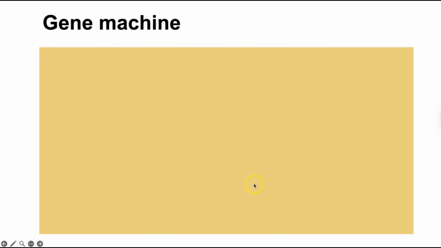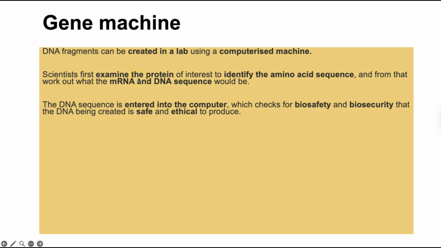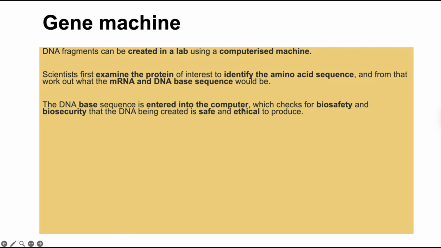A gene machine, this is when the DNA fragments can be created in a lab using a computerized machine. So first of all, the scientists will examine the protein of interest to identify what the amino acid sequence is for that protein. Then they can work backwards and work out what the mRNA sequence is, and therefore what the DNA sequence is. That DNA base sequence is then entered into the computer.